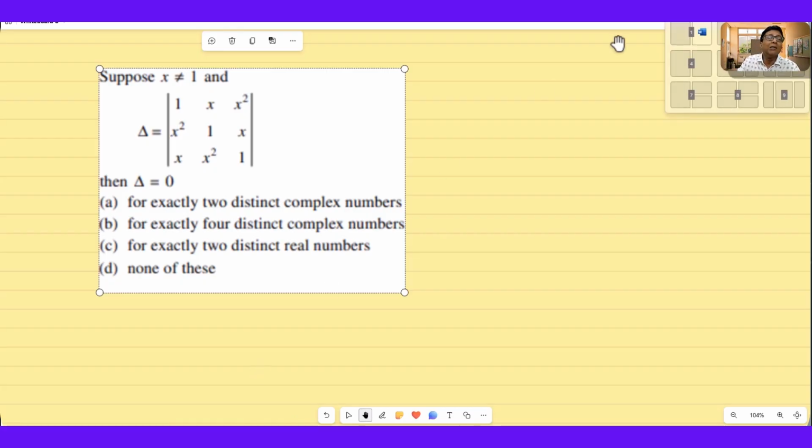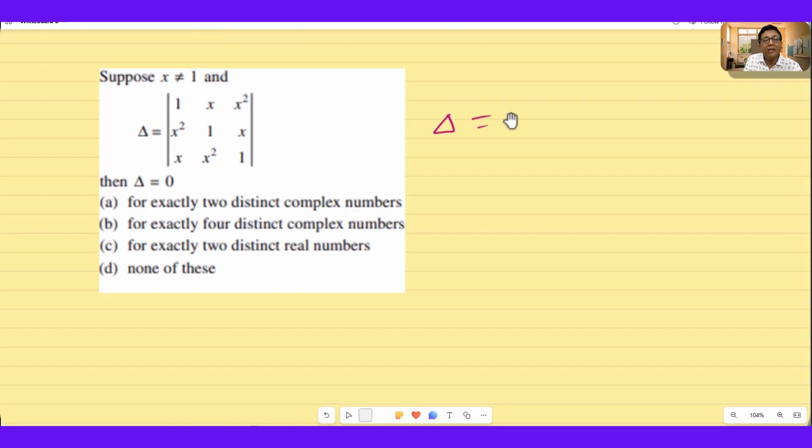Again, like the previous one, if you add elements of two rows or two columns to the third row or third column, then they become identical. So looking at that, delta equal to, I am writing 1 plus x square plus x, this time with row. You can take row or column, it doesn't matter. X square, x, 1, and this is x square, 1, x, x square, 1.